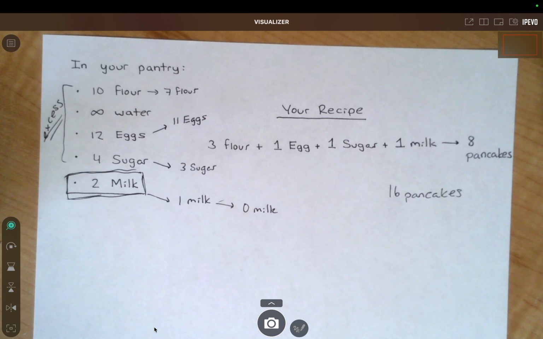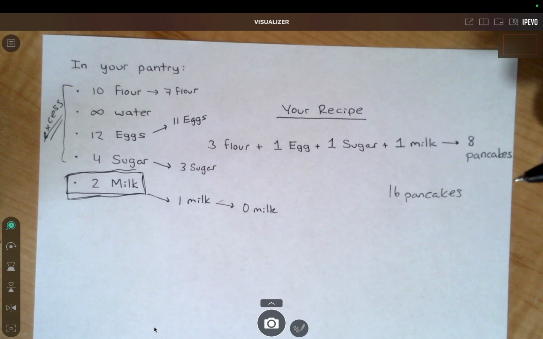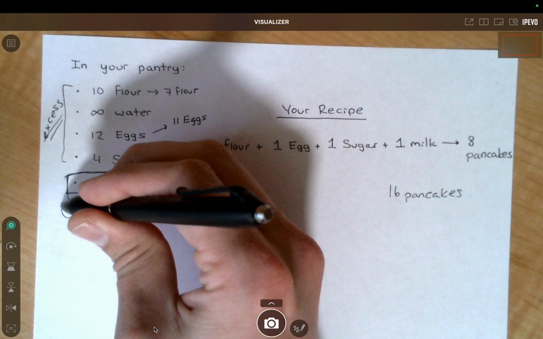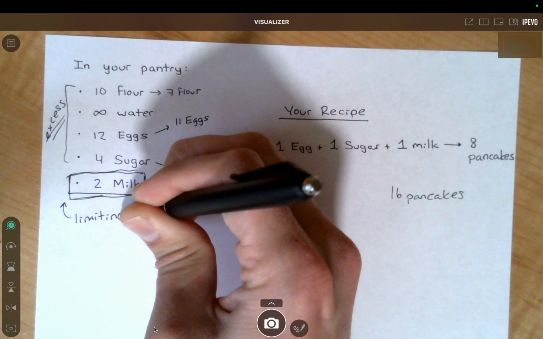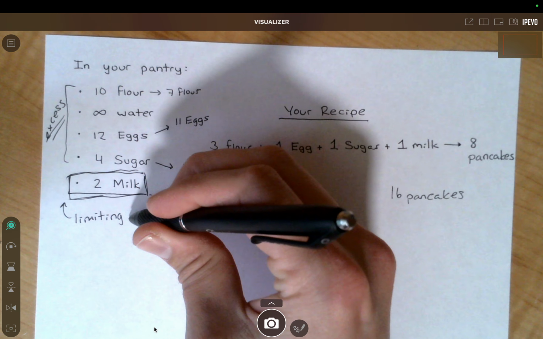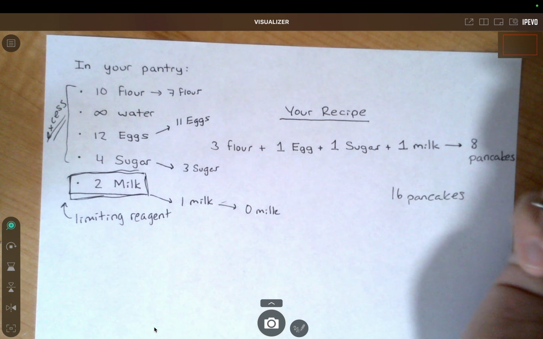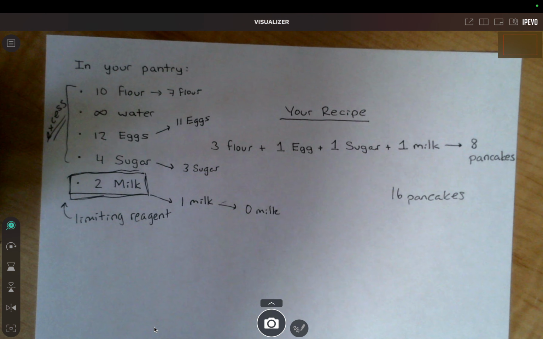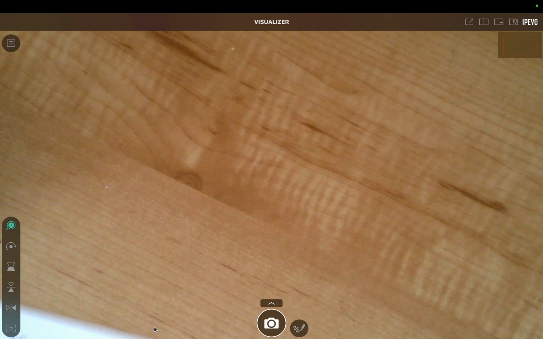We will have leftover flour, water, eggs, and sugar after we are done using up all the milk that we have, which is limiting the reaction. Limiting reagent is sometimes called the limiting reactant. Reagent and reactant are pretty much synonyms. So in stoichiometry, it makes sense for us.